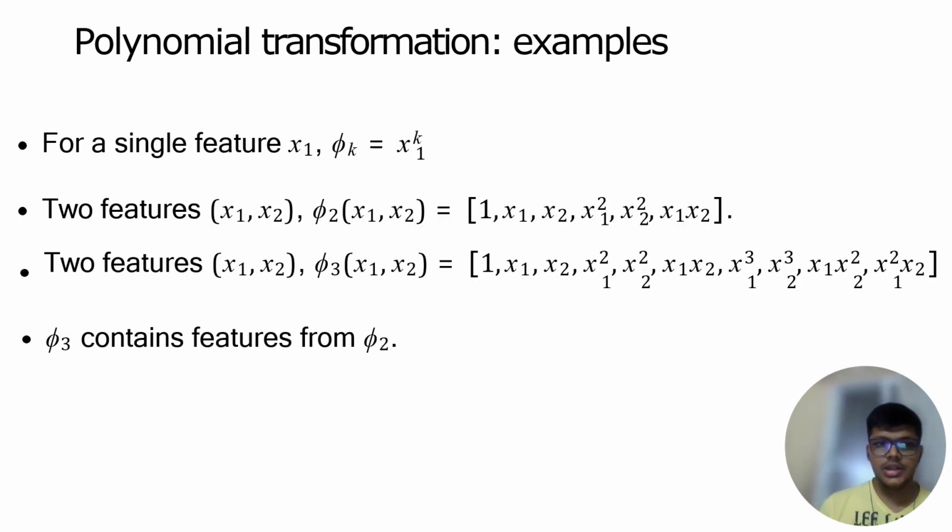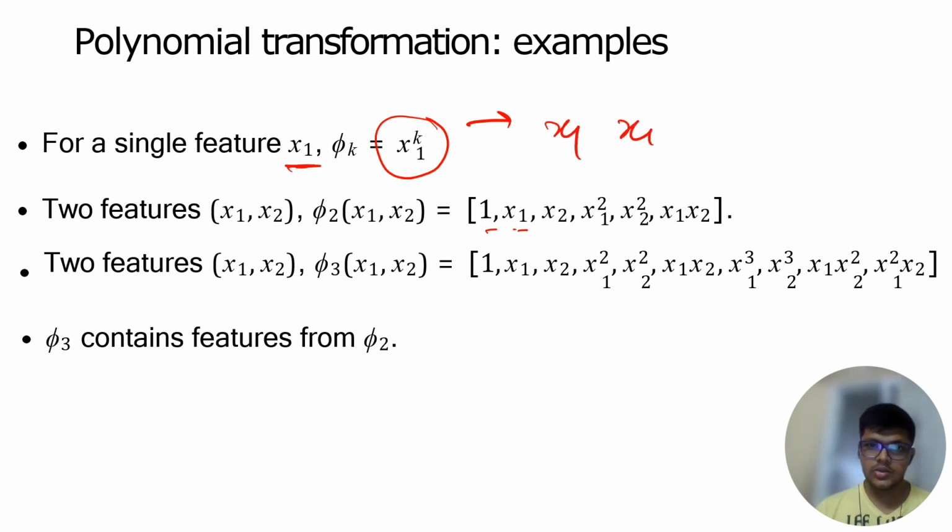Here are a few examples of how the data gets converted. For a single feature, if we have only one feature, then we get up to the power k, that many new features. Whereas if we increase the number of features, we have more features. So we have x1, x2, up to k.